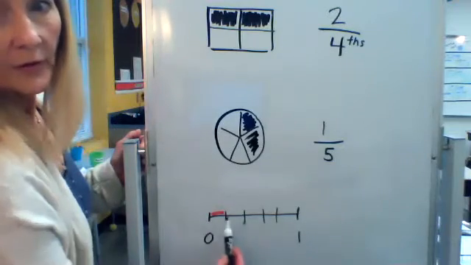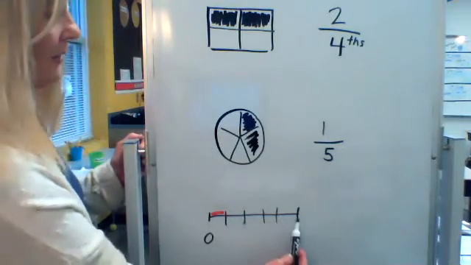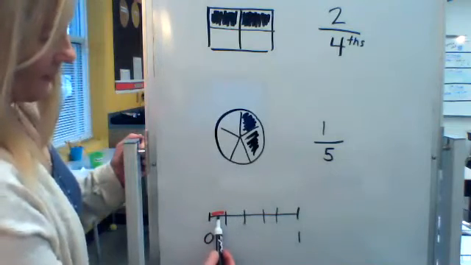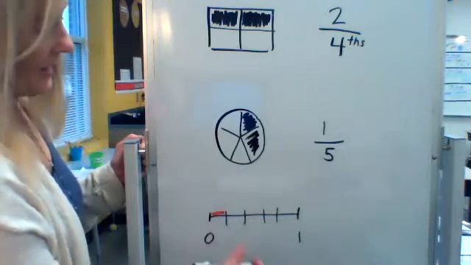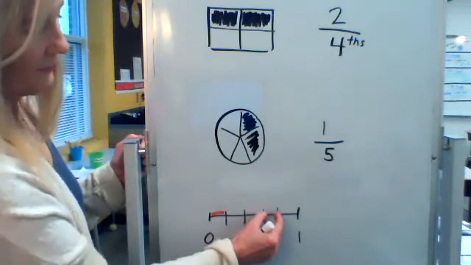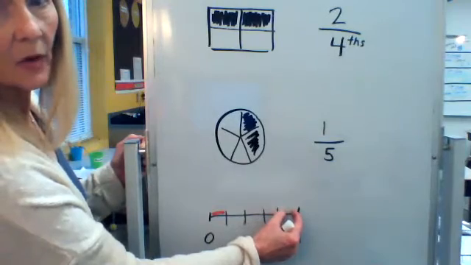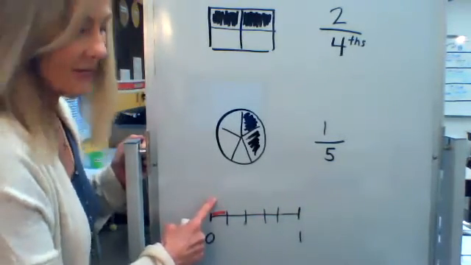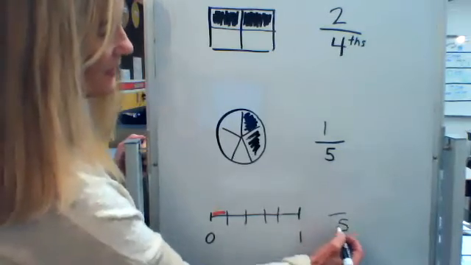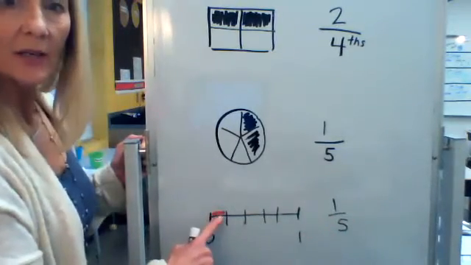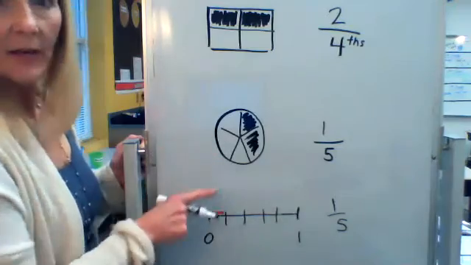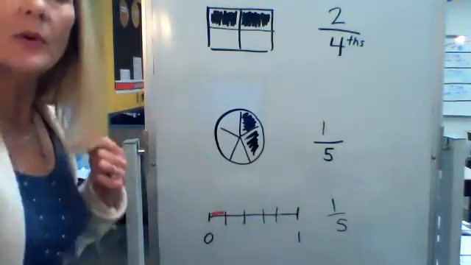There's 1 whole. So the distance from here to here is representing 1 whole. And then I have to say, well, how many of this amount does it take to make the whole? And it takes 1, 2, 3, 4, 5 of that amount to make a whole. And that's how I know that that is 1/5. I know that the unit we're working with are fifths, and it looks like they're trying to describe 1 of those fifths.